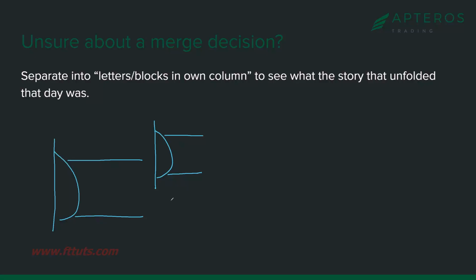I will take day 2 and I will let it show me what the day looked like in terms of how it developed. And if it looks like this, what happened on this day?